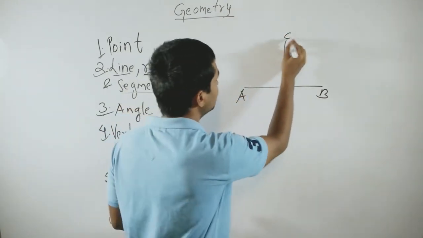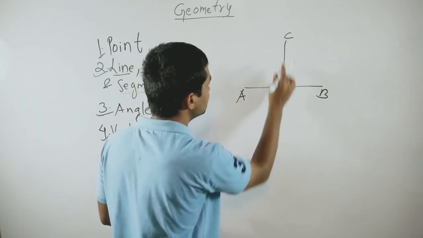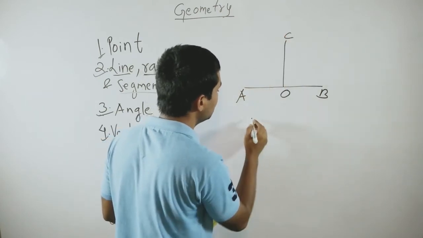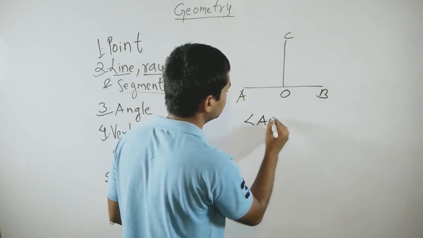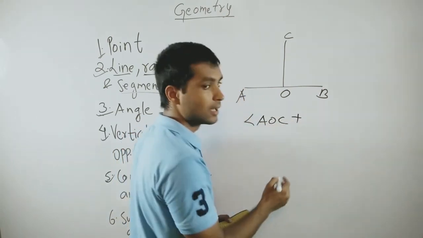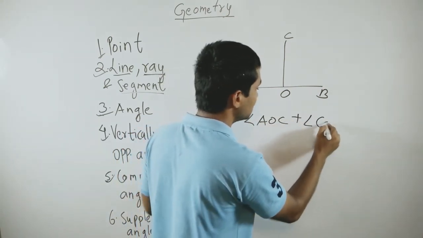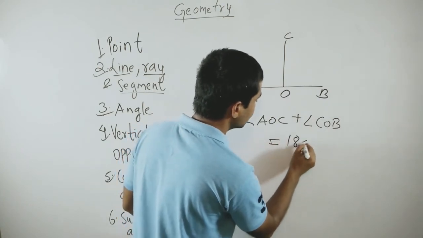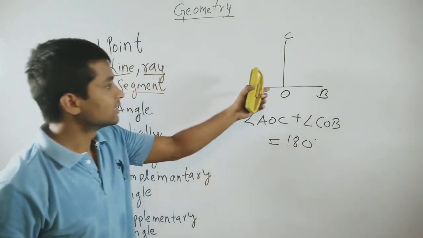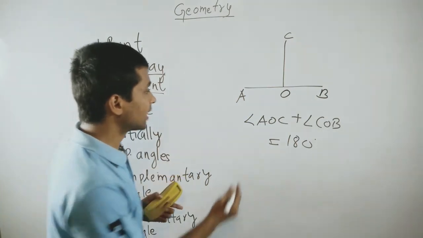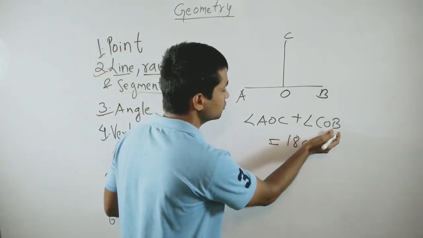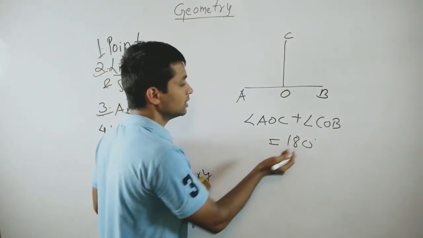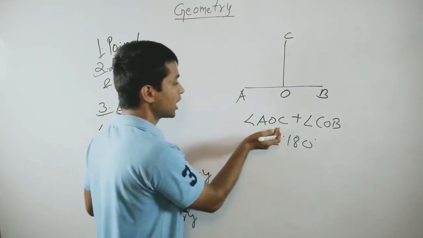So we can say angle COA or AOC plus angle COB equals 180 degrees. In cases like this, they are called supplementary angles. That is, AOC is supplementary to COB. Similarly, COB is supplementary to AOC.